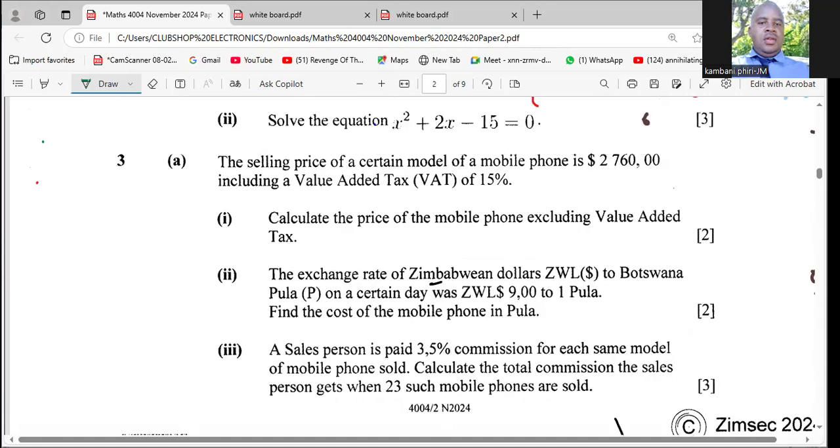The selling price of this model is $2,760. Now there's VAT, value added tax, at 15%. 15% is 0.15.